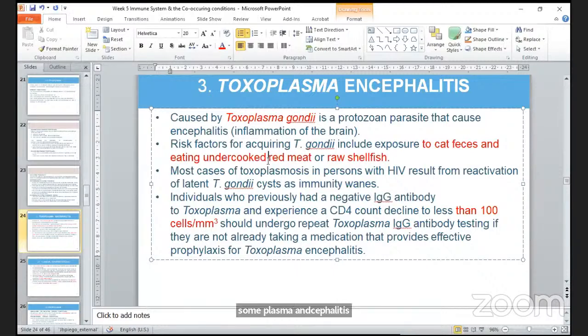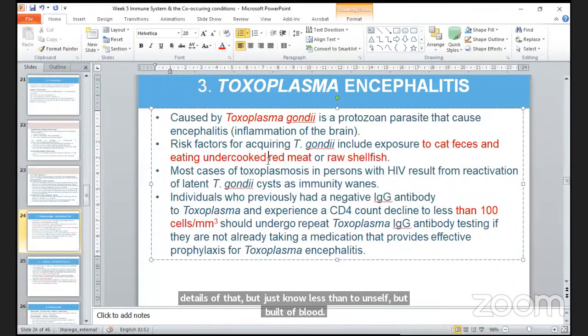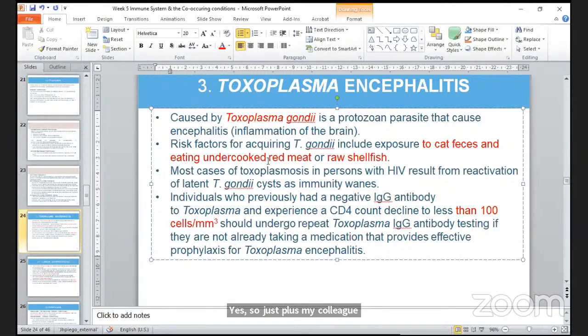That person is supposed to start prophylaxis and go for antibody testing, the IgG test, to detect whether it is really there. We don't want to go into details, but just know that with less than 200 cells per milliliter of blood, chances of Toxoplasma encephalitis occurring are very high.